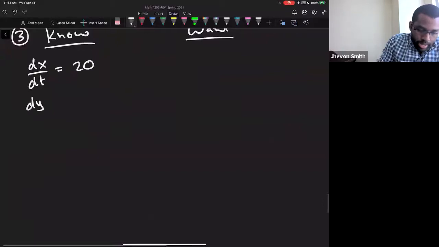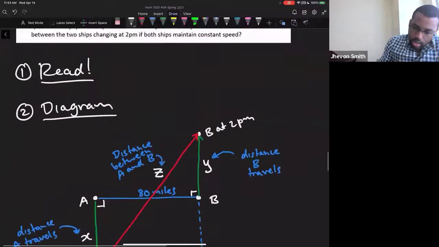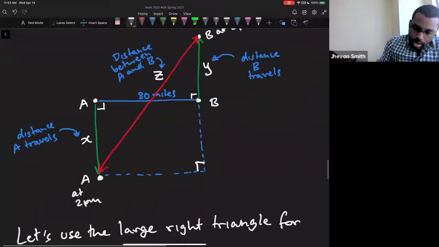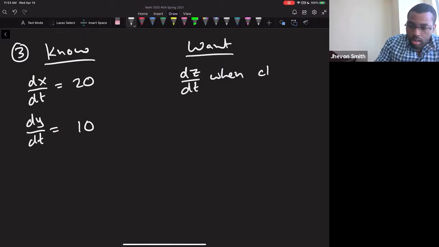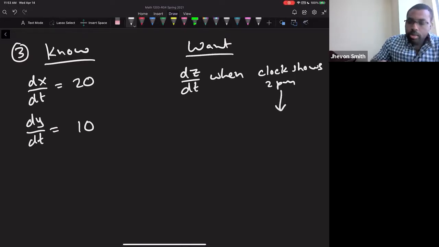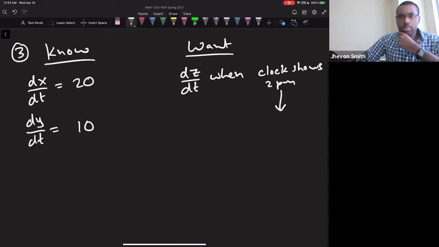We also know how fast Y is changing. That is 10. And we want to know how fast the distance between them is changing when the clock shows 2 p.m. Now we have to understand what that means in terms of our variables.